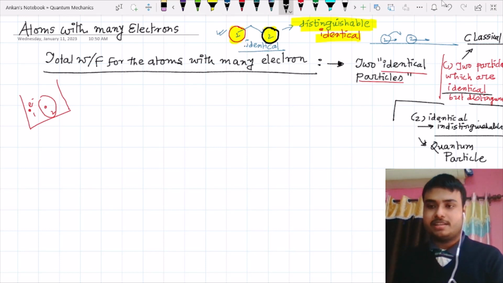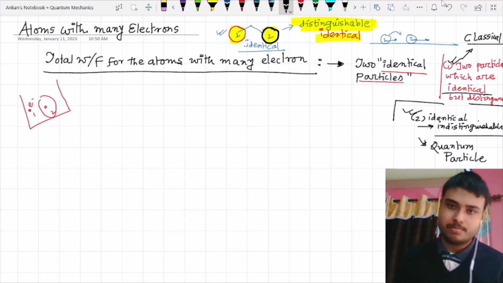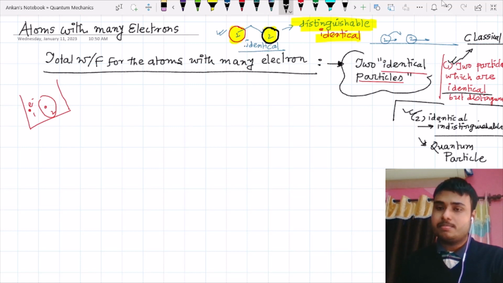You will learn this in the upcoming lecture or upcoming semester. So here, the first one, identical and distinguishable, is known as classical particle, and the second one, identical and indistinguishable, is known as quantum particle. We are interested here in two identical quantum particles.